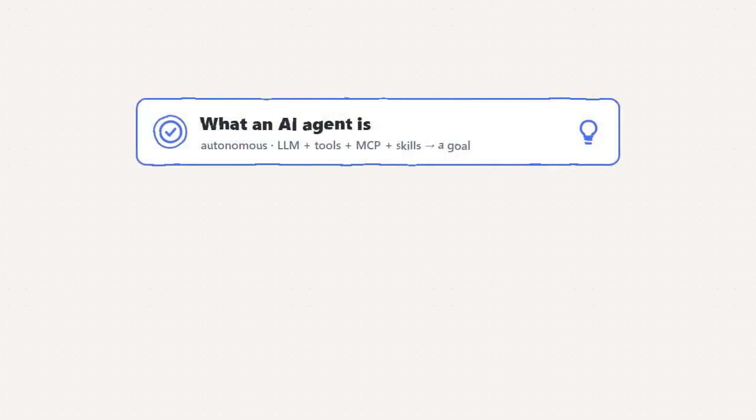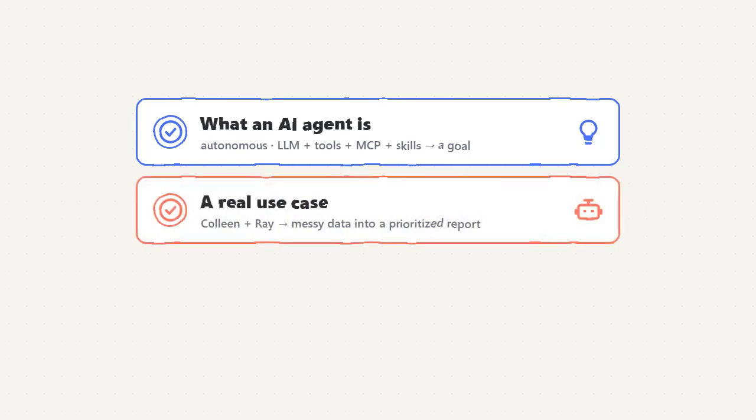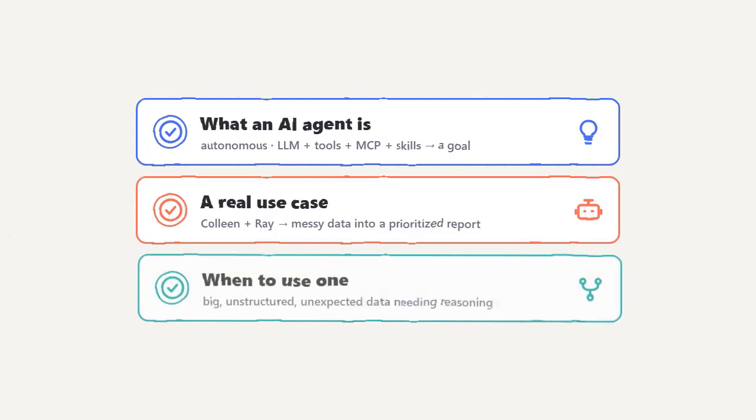So in this session, we covered three major things. First, we defined what an AI agent actually is. It's an autonomous system that uses an LLM as its reasoning engine, hooked up to internal and external tools, MCP servers, and custom skills to take independent action towards a goal. Second, we looked at a real-world use case, our two agents, a collector and a researcher, working together to turn messy, chaotic security data into a highly prioritized, actionable report.